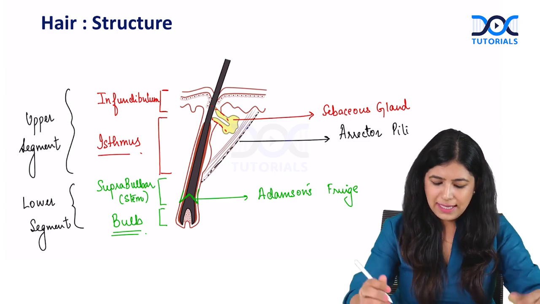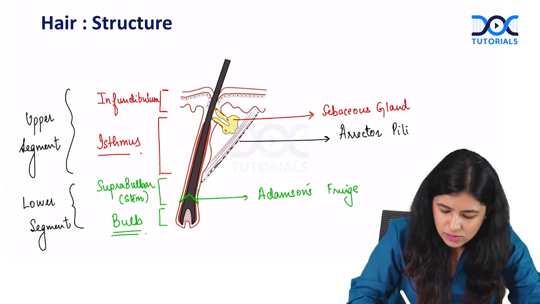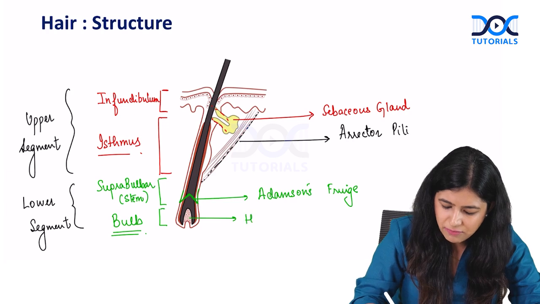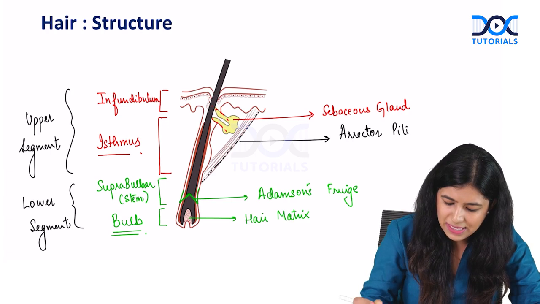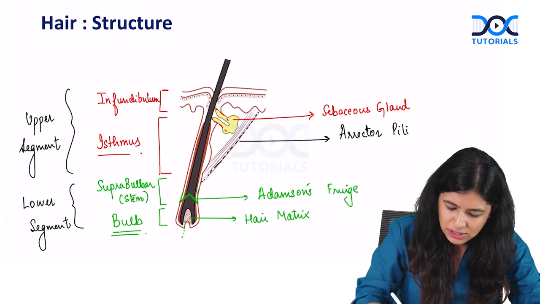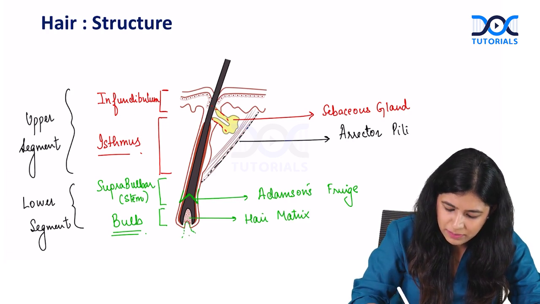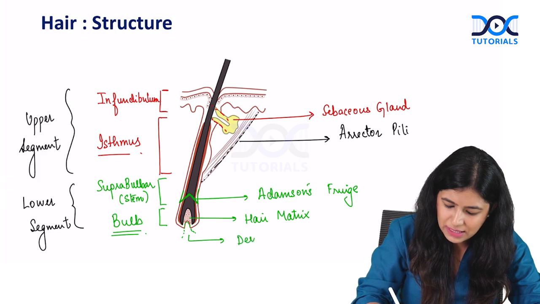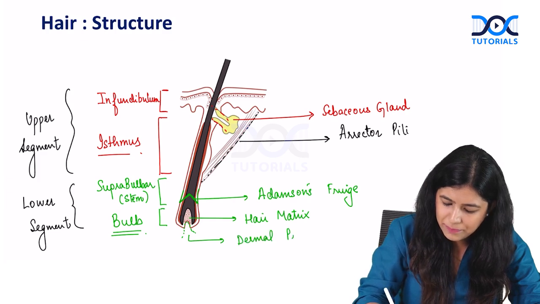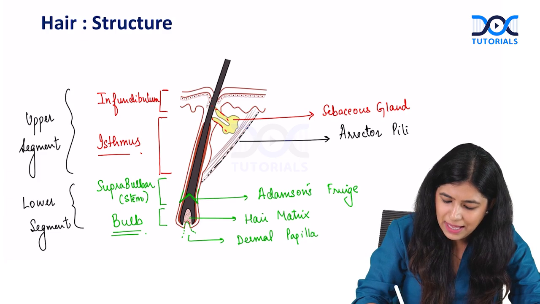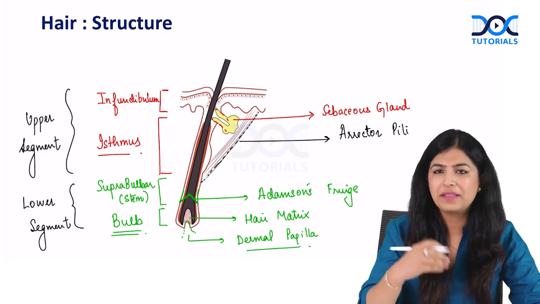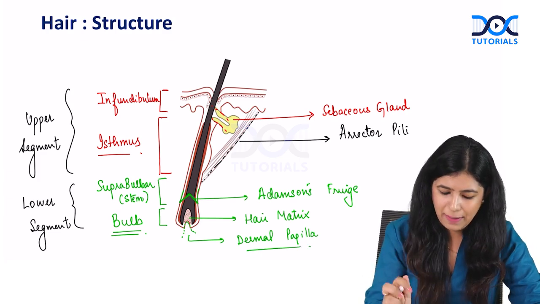All clear? In this bulb, what you see are these rapidly dividing cells, which is called the hair matrix. And you see this invagination of the dermis into the hair bulb. This is called the dermal papillae. The blood supply and the nerves, they all are there in the dermal papillae.